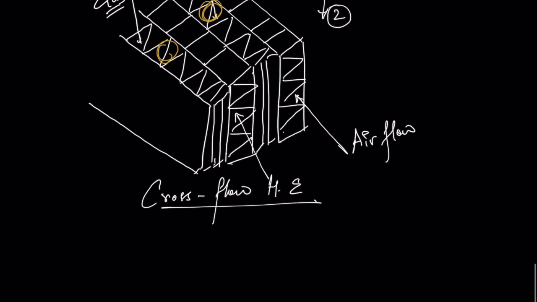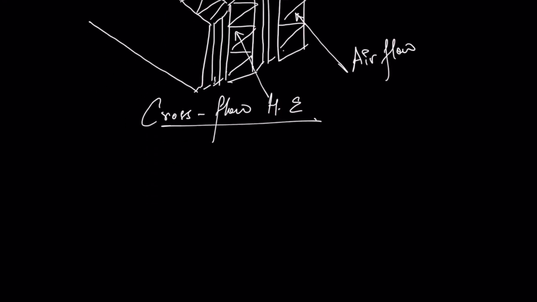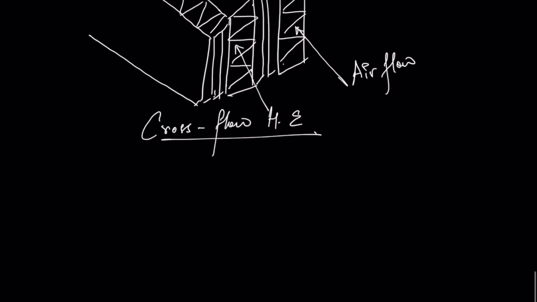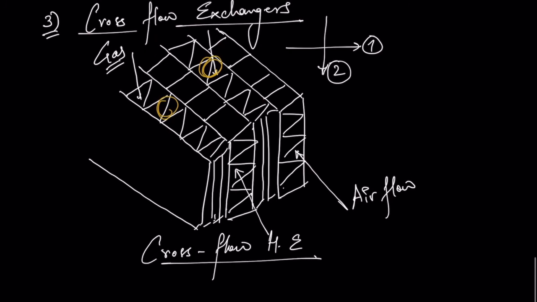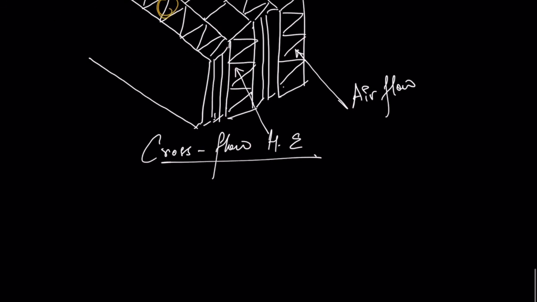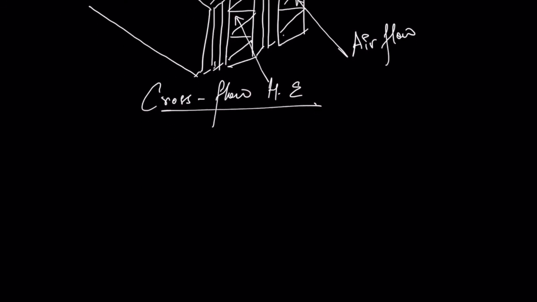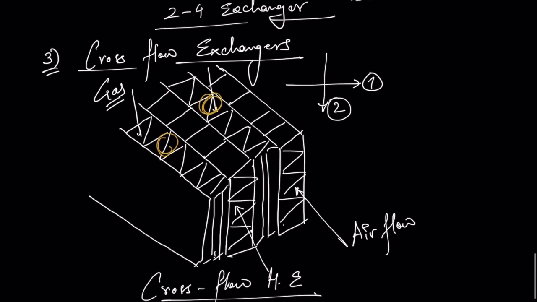Another arrangement for the cross flow heat exchanger is this. In the first one, none of them is mixed. Each fluid is unmixed. In the second one, one fluid is perfectly mixed while the other is unmixed. So let me write here: in this, each fluid is unmixed.